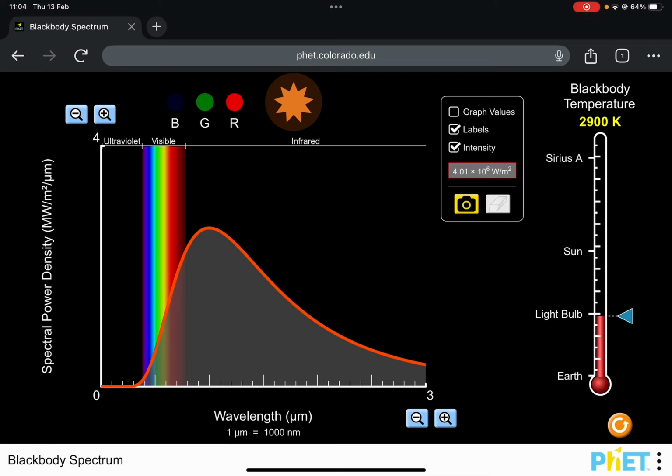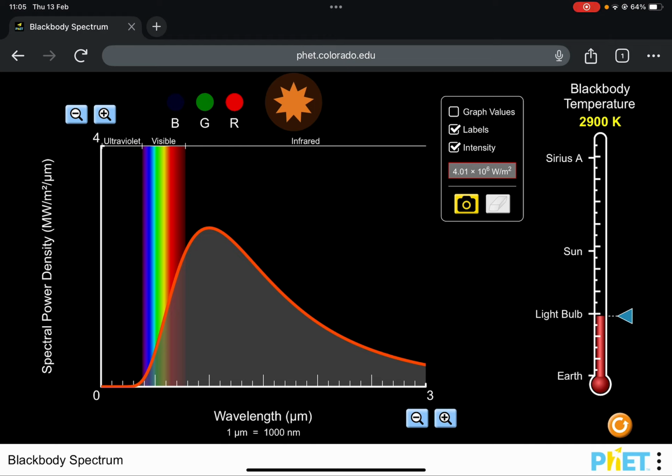There's very little green, blue and violet. And that corresponds with the colour of a typical light bulb. It is orangey yellow in colour. So that is the profile then of an object that's emitting radiation according to that continuous spectrum.